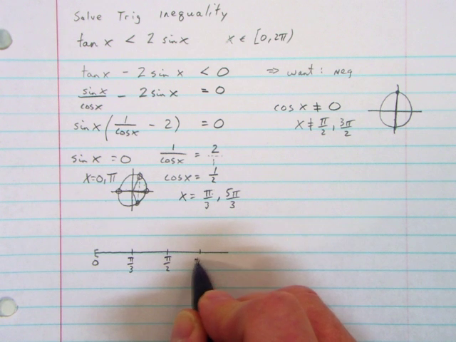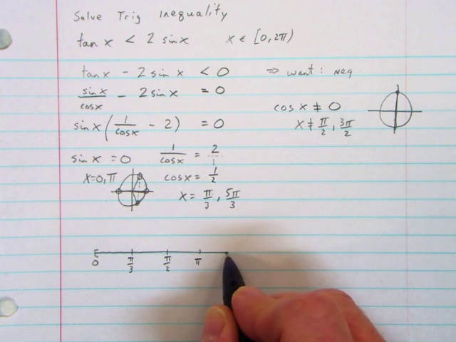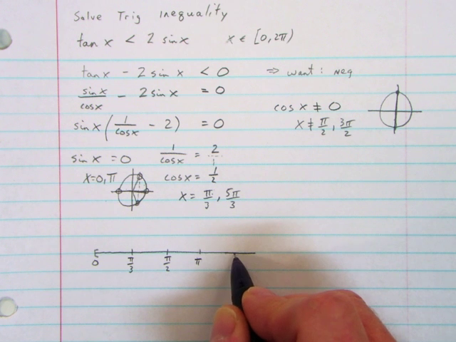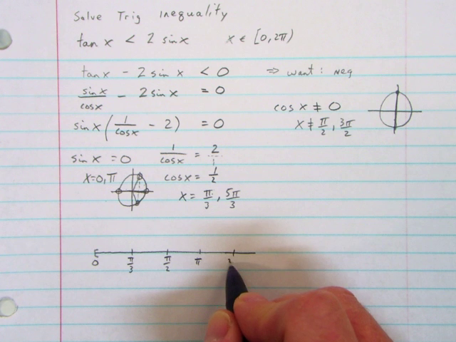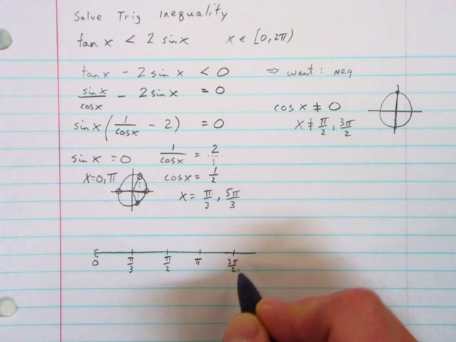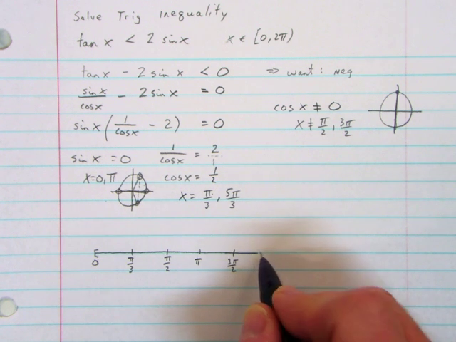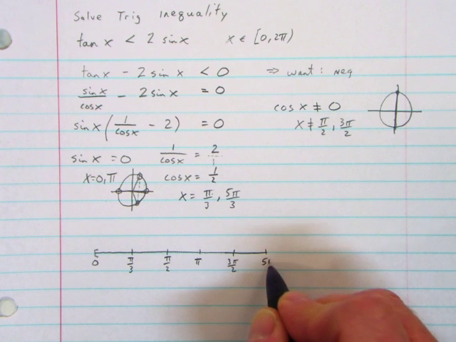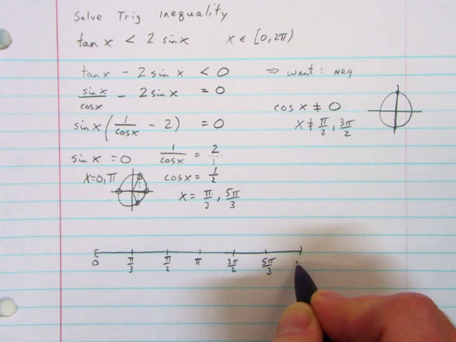Then pi. Then after pi, we'll have 3 pi over 2. From 3 pi over 2, we have 5 pi over 3. And then we have 2 pi.